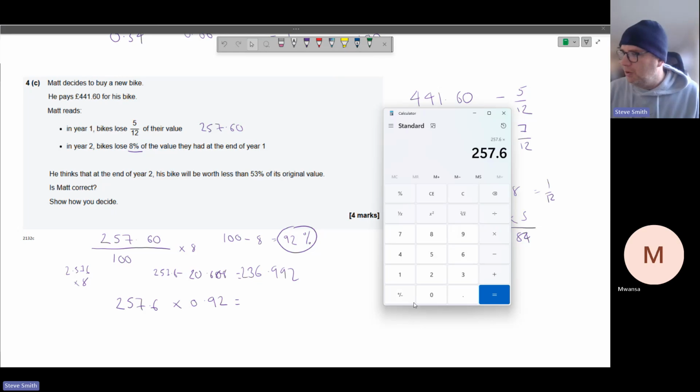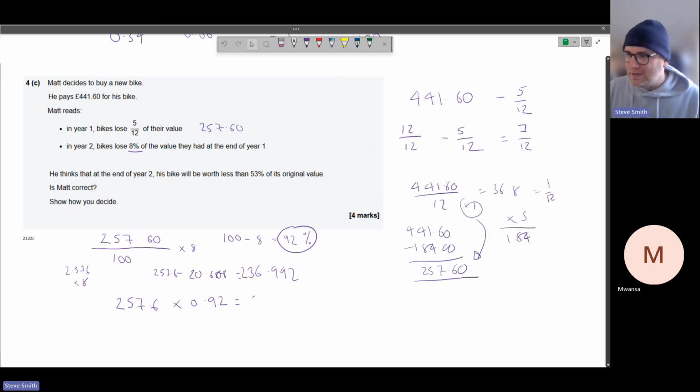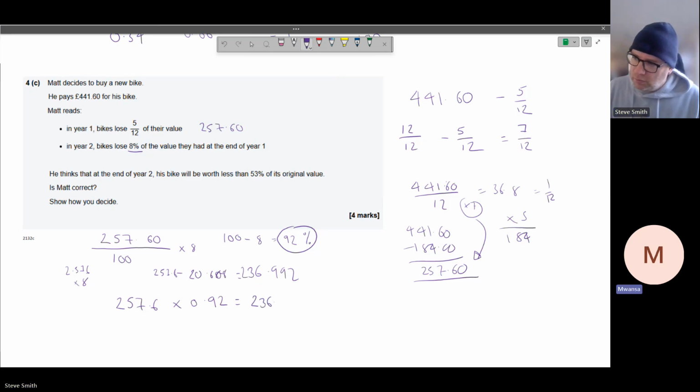So times by 0.92 equals 236.992. So it's exactly the same, but again, in a few less steps. So we just looked at that value here. We think, right, it's losing 8% of its value, so it's retaining 92.